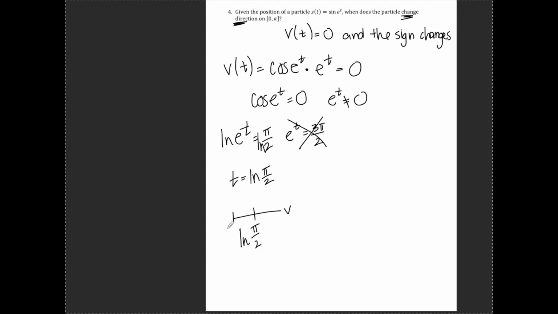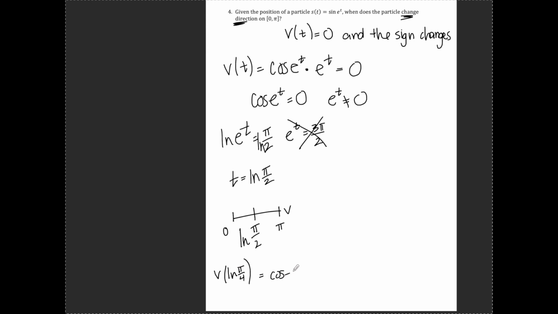I'm going to start this at 0, and then I'm ending at pi. Now, since my critical value is ln of pi over 2, I'm going to test a value in here of ln of pi over 4, because I know that has to be smaller than ln of pi over 2, but greater than 0. So I'm first going to test ln of pi over 4.